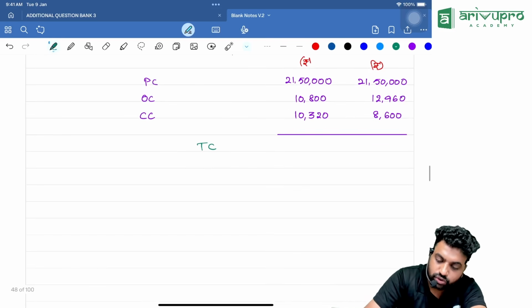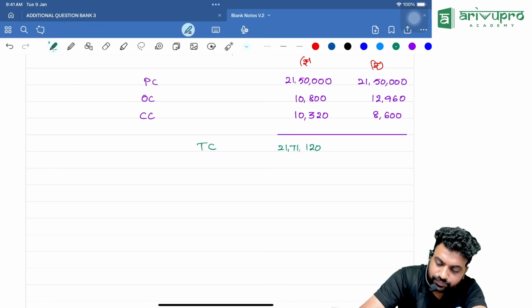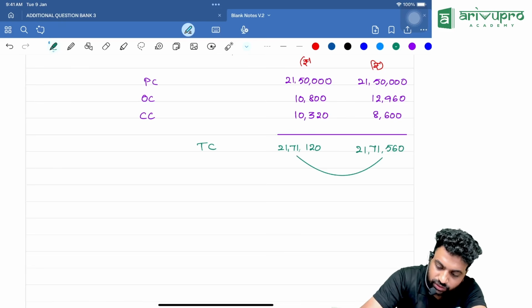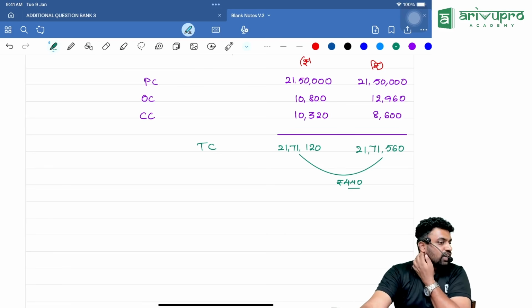So total cost would be 21,71,120. And 21,71,560. Just because we are not going to the EOQ, we are almost losing just 440. Profit of the organization is less by rupees 440.